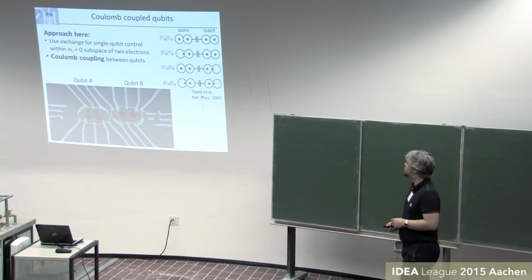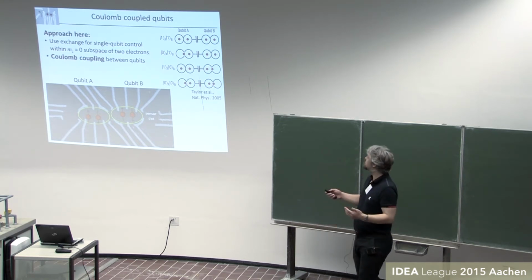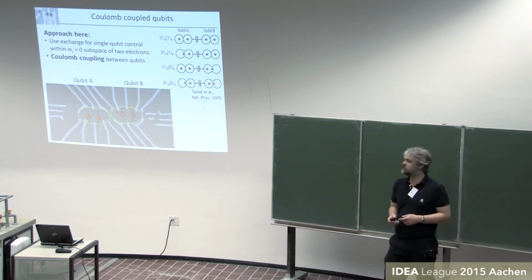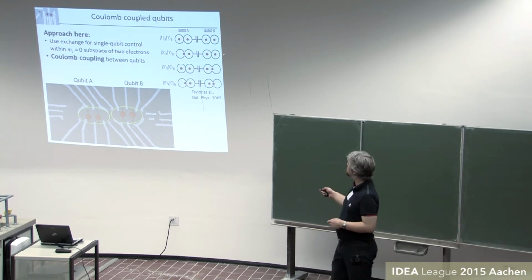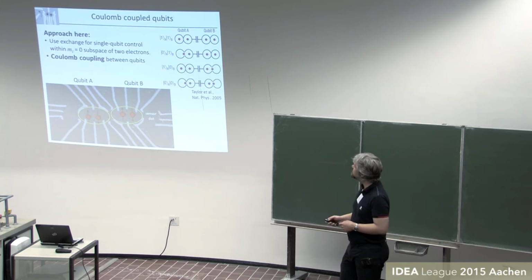What we decided to do first is something simpler, use a Coulomb coupling, so charge interaction between two qubits. So you have now here a device with two electron spin qubits, each circle making up one, placed next to each other, so they're capacitively coupled.